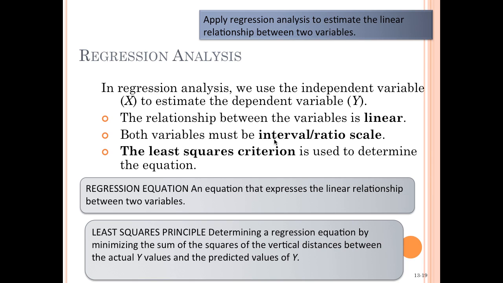What this is referring to, minimizing the sum of the squares of the vertical distances between the actual y values and the predicted y values, it's squaring these distances between an actual point and the predicted line for all of your points. You sum those, and that is how they come up with the least squares line.